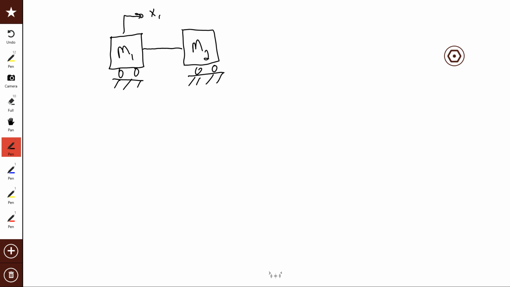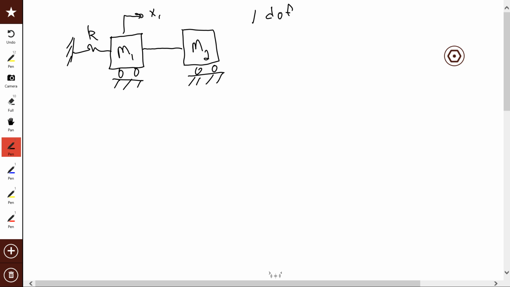So if mass 1 moves 1 foot, mass 2 moves 1 foot, because they're connected with a rigid rod. And then I'll tie this guy down with the spring. You can put a damper in there, but for the point that I'm trying to make, the damper doesn't really matter. So this is 1 degree of freedom.